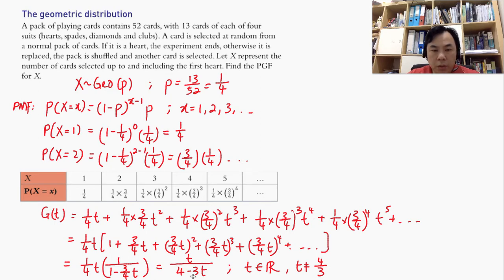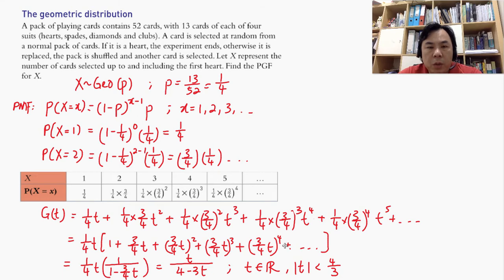Or in general, for this particular summation, based on the geometric series requirement, the absolute value of t is supposed to be less than or equal to 1 here. So the more appropriate condition for this would be this. I could have written this as t should be less than 4 over 3 here for this summation series to be true, right? And then there you have it.